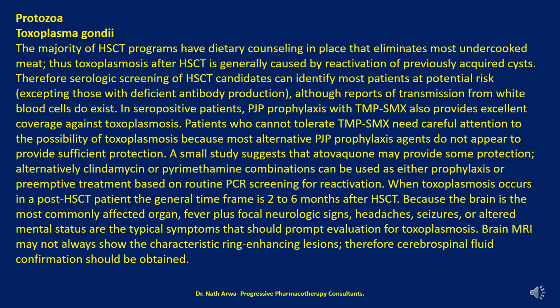Therefore, serologic screening of hematopoietic stem cell transplantation candidates can identify most patients at potential risk, excepting those with deficient antibody production, although reports of transmission from white blood cells do exist. In seropositive patients, PJP prophylaxis with trimethoprim-sulfamethoxazole also provides excellent coverage against toxoplasmosis.